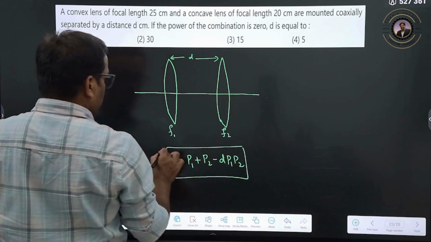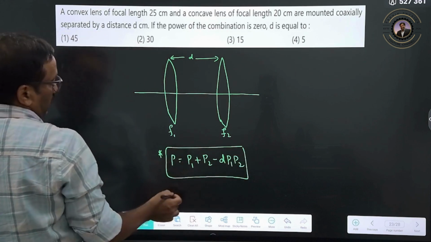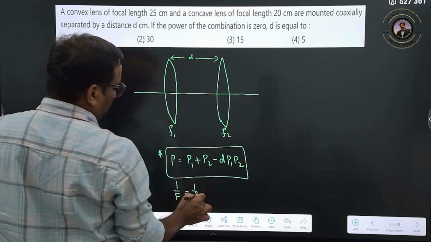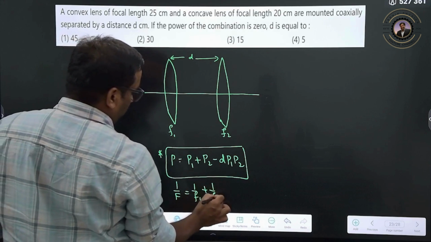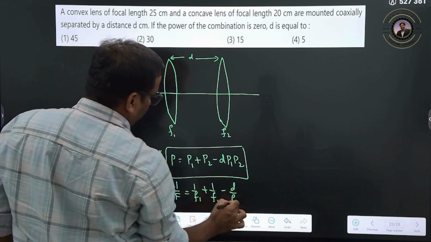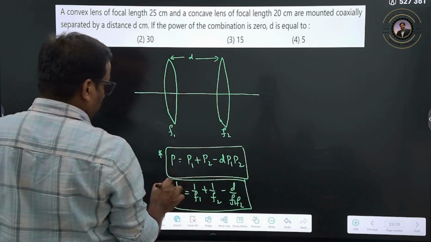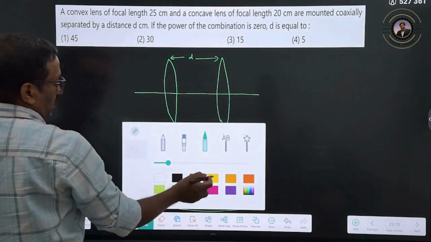So in terms of focal length, 1 by f will be equal to 1 by f1 plus 1 by f2 minus d by f1 f2. So this is the formula. You can use it, right.